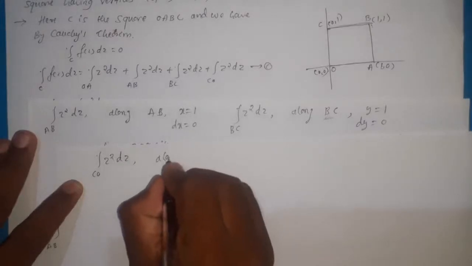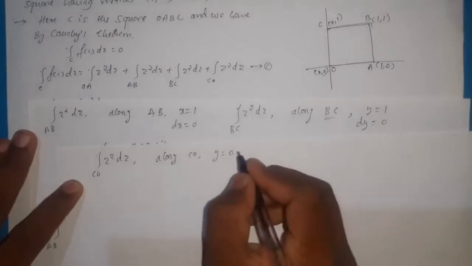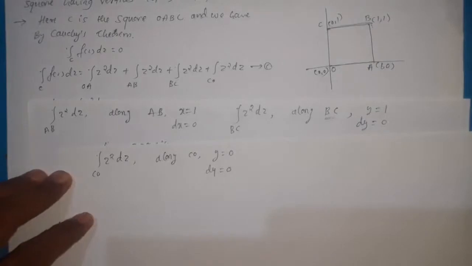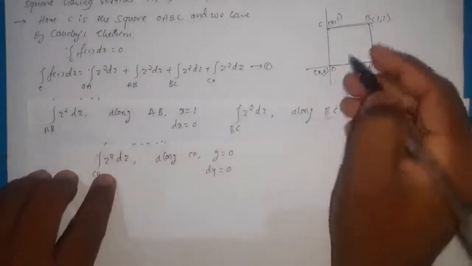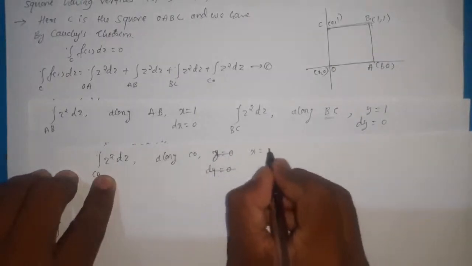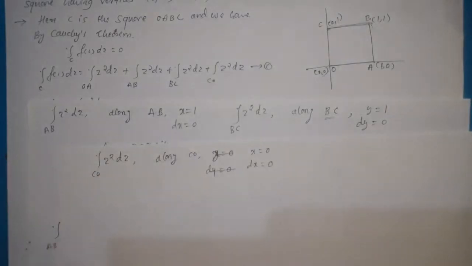So now along CO, sorry, here x is equal to 0 and dx equal to 0, and y varies from 1 to 0.